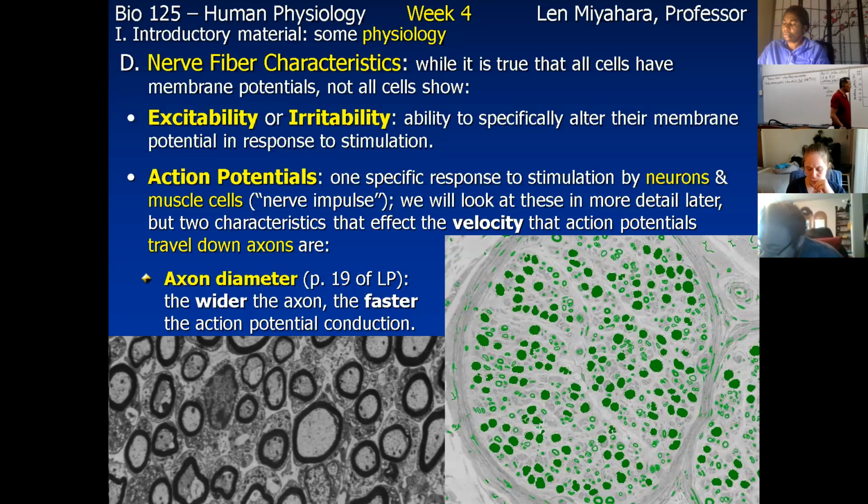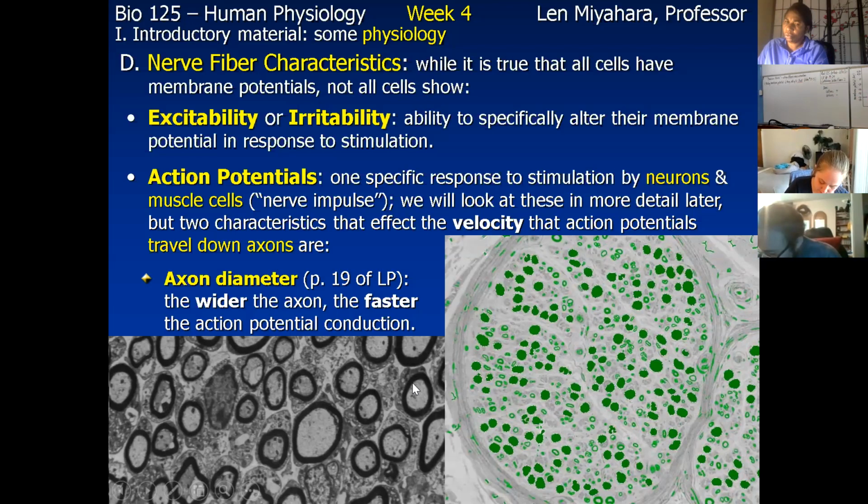And for neurons, there are 2 things that influence the speed of an action potential. One is axon diameter, and this is on the bottom of page 19 of your lecture packet. The wider the axon, the faster the action potential. And here's a figure right here of a cross-section through a nerve trunk.